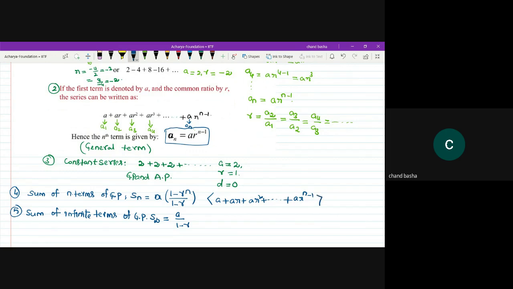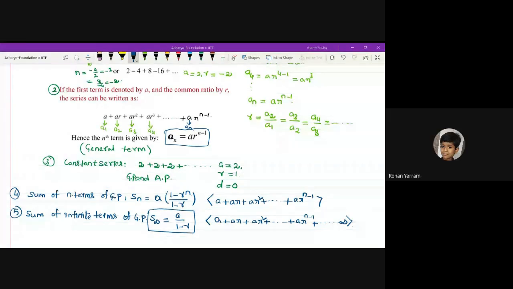So we can stop at n. But here there is no ending. A plus AR plus AR square plus and so on plus the nth term AR power n minus 1 plus, we have up to infinite terms. Whenever we have infinite terms, the sum of infinite terms of GP is A divided by 1 minus R. You know how to find the A value, how to find the R value, that is the common ratio.